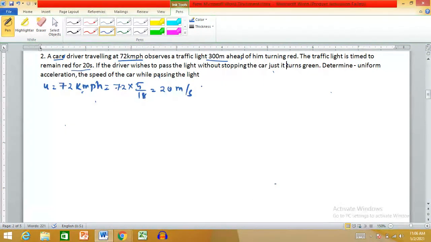So what is happening? Again, I am repeating the question. A car driver traveling at 72 km per hour observes a traffic light 300 meter ahead of him turning red. The traffic light is timed to remain red for 20 seconds. So the traffic light will remain red for 20 seconds.